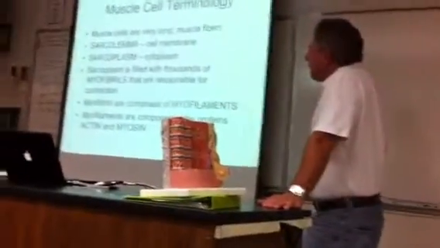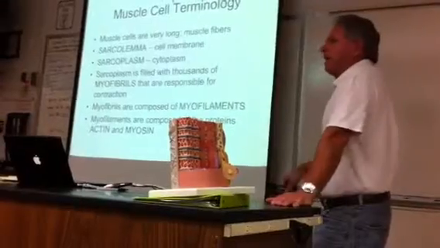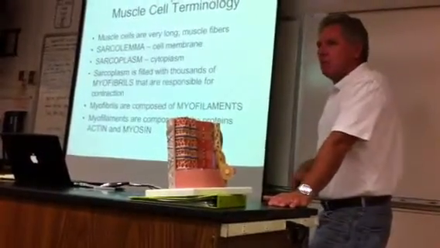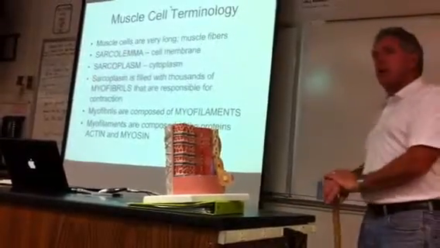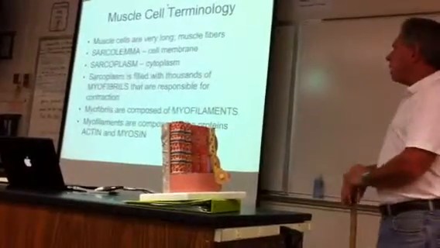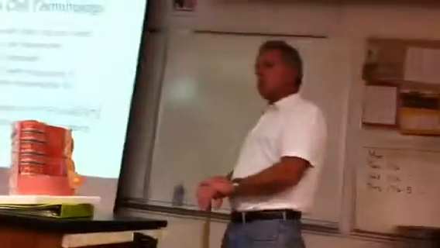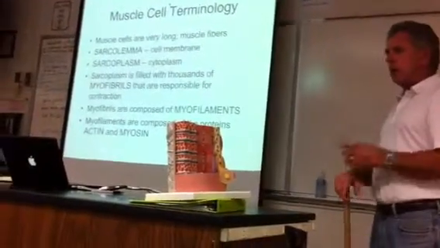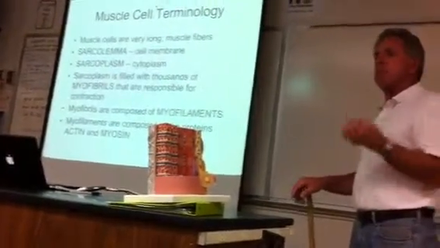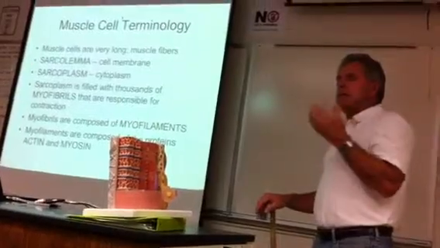If you look with a microscope, it's going to have to be more powerful than what we've got, but if you look at the cytoplasm of a skeletal muscle cell, you find that the sarcoplasm itself is composed of thousands of individual structures called myofibrils. And now we're actually going to figure out why muscle tissue is striated.